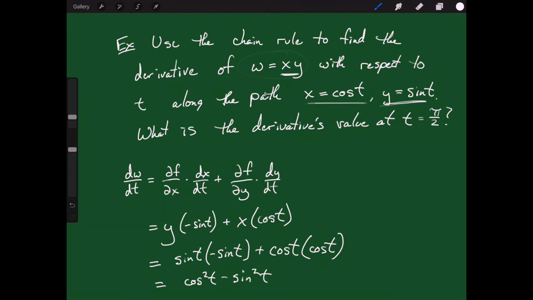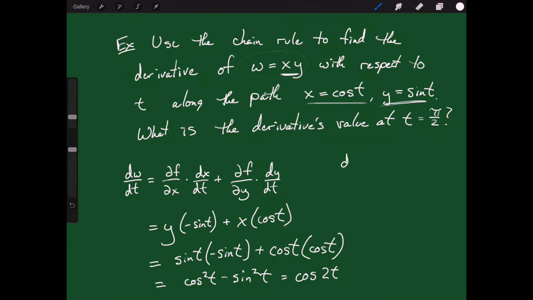And now, by the way, if I wanted to use an identity, cosine squared of t minus sine squared of t has another way of writing it. I could write this as cosine of 2t if I really wanted to. And the question is, what is the value of that derivative when t is pi over 2?